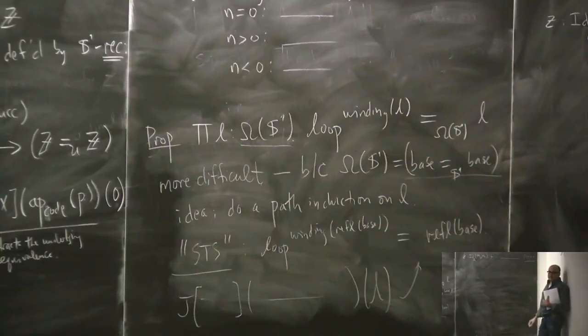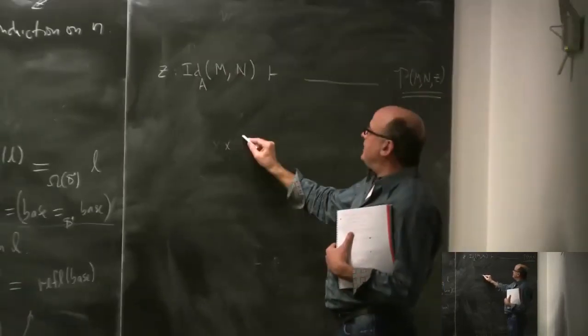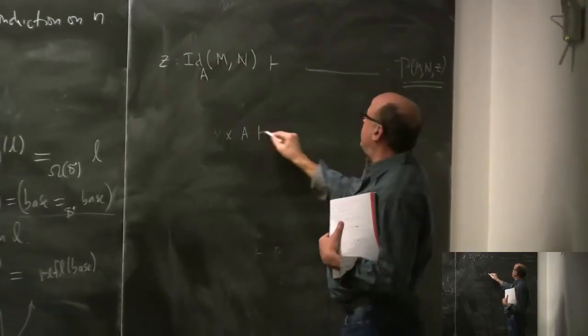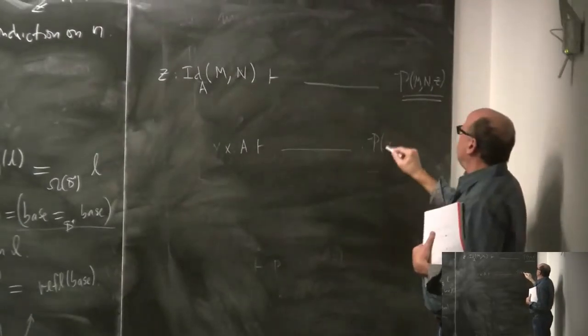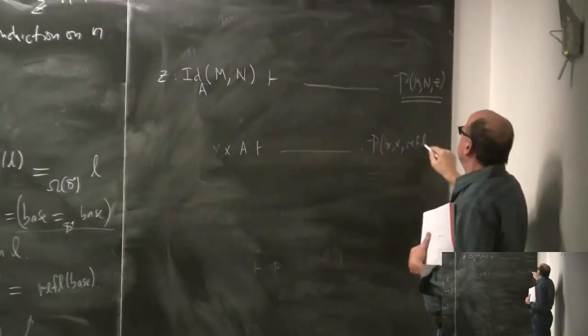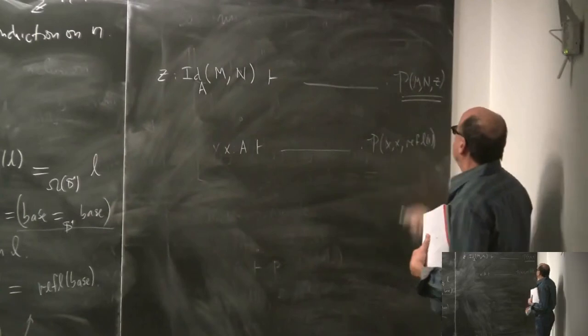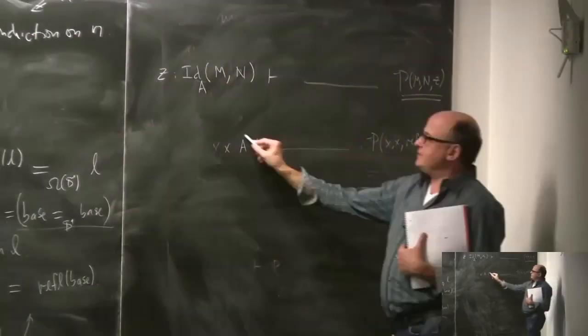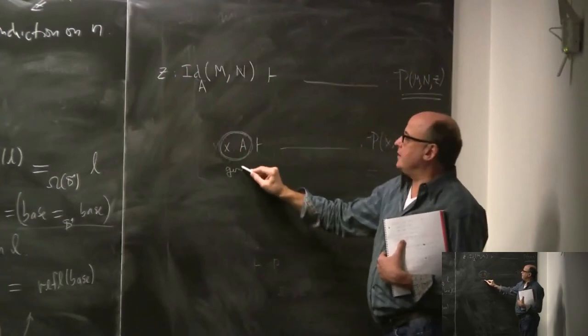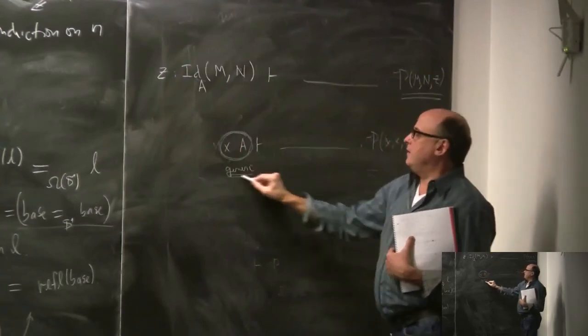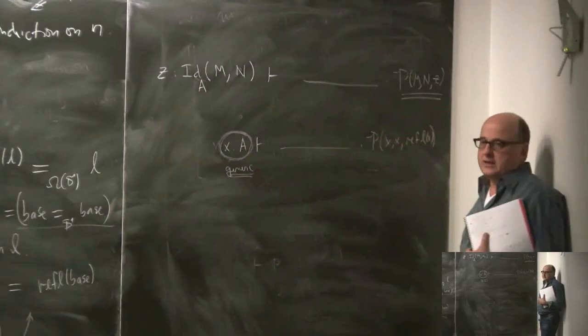The form of path induction is that. And the sufficient condition is that if you give me any x in A, it suffices to prove P of x, x, refl of x. Written like that, this is generic, okay? This has to be generic. It's important that it be generic.